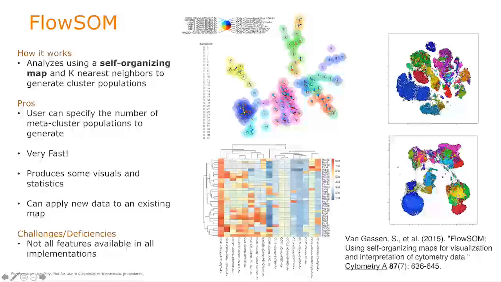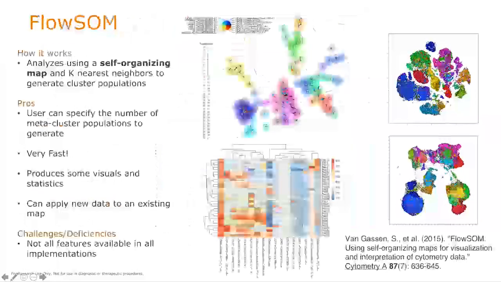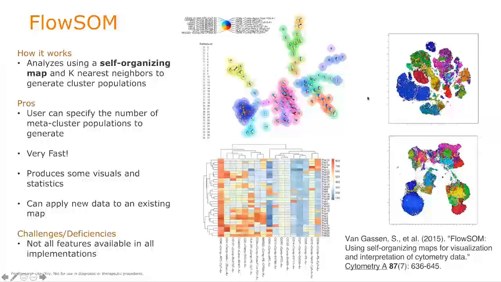Phenograph will do a good job of subsetting certain lineages and other methodologies will not. Well, it's all in the data and how it's distributed, and the math underlying where the cut points end up being, where the decision is made to include this event in an adjacent cluster and not the same cluster.